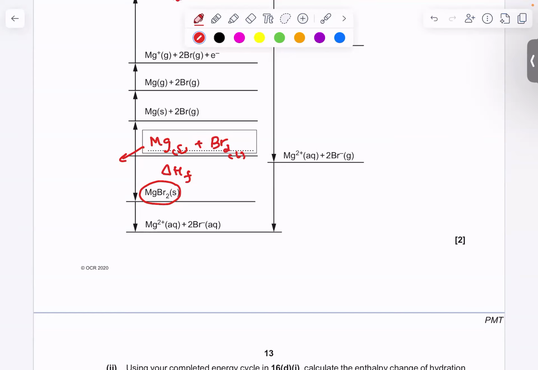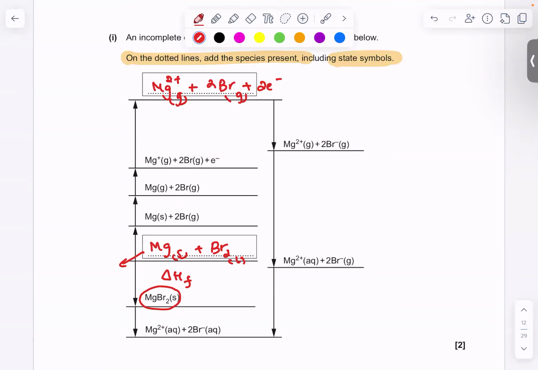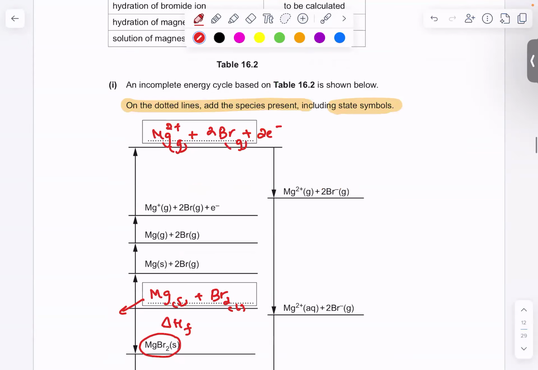Yeah. And this one, just for your information, is the second ionization energy, from Mg+ to Mg2+. And this one would be the electron affinity.